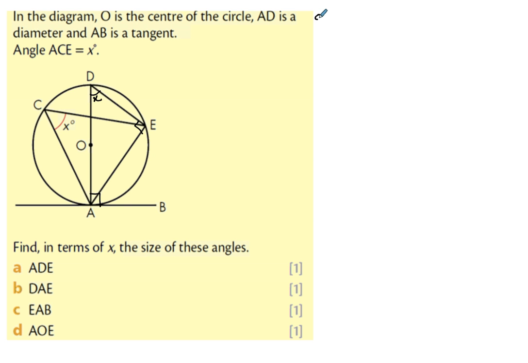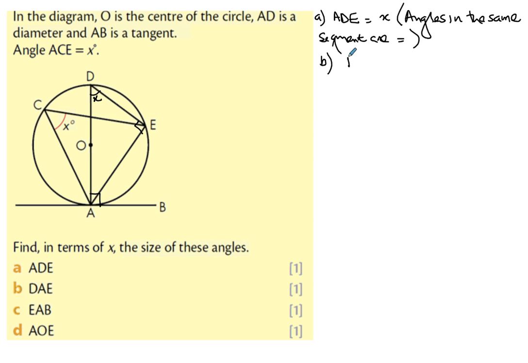Let's go ADE. We have it already. ADE equals X. And the reason: angles subtended by the same arc, or angles in the same segment, are equal. B, angle DAE.